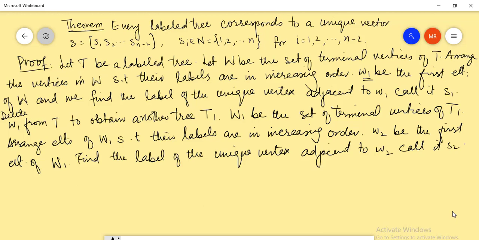We repeat this process until S(n minus 3) has been defined.